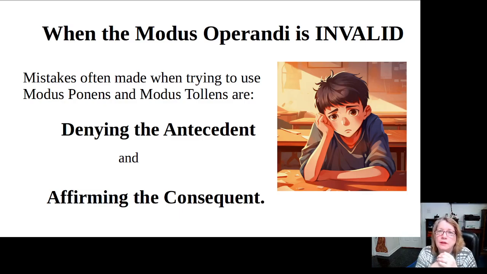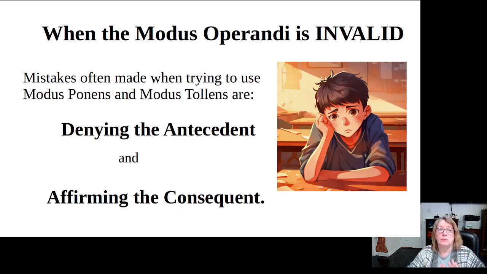In modus tollens, the proper form, you would deny or negate the Q. But it's an error to, in the second line, negate the P in the if P then Q. If you say not P, you're denying the antecedent, what comes before the then. And that's invalid. Because if P then Q, if P is true, it implies Q. It doesn't tell you anything about if P is false.